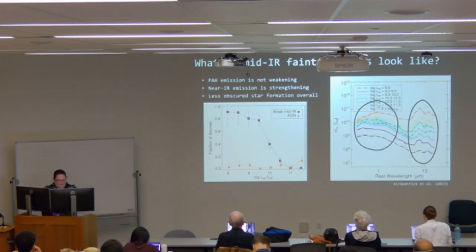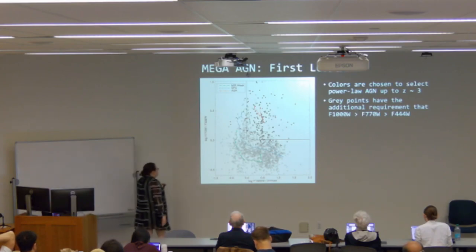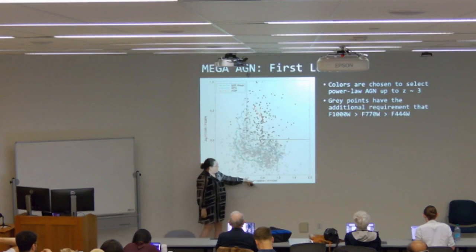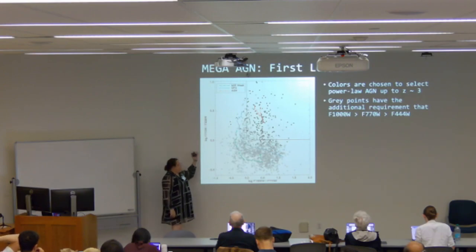Okay, so what about MEGA? So now we've expanded this. Now we have 30 pointings of data. So I'm going to show you very, very preliminary data. This is our MEGA data. I'm going to walk you through what is on here. On the x-axis is 15 microns over 7.7 microns, and on the y-axis is 7.7 microns over 3.56 microns.